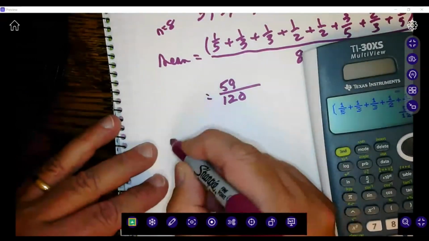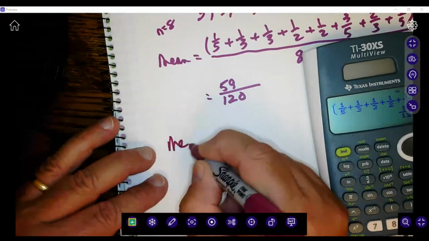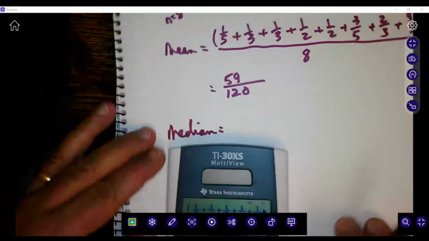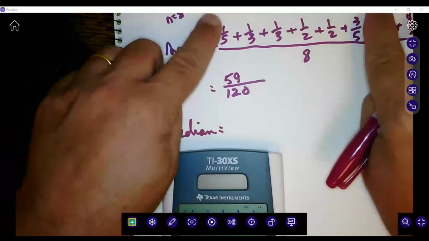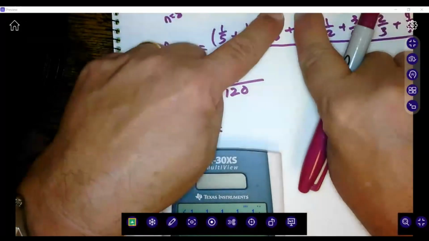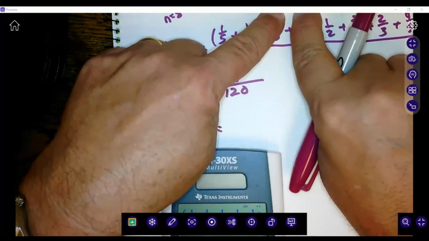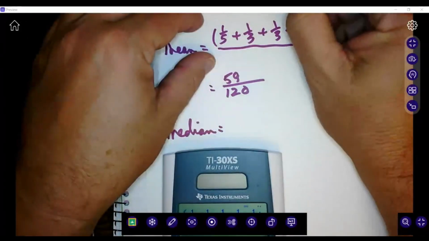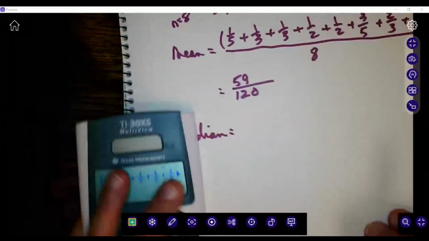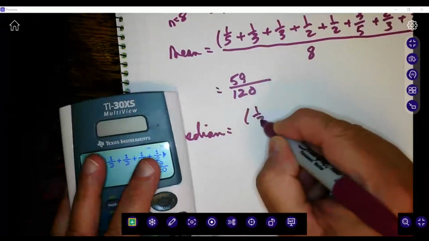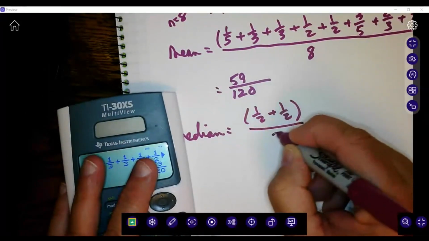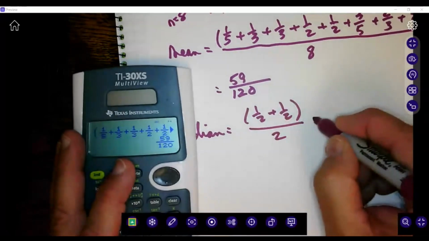All right, then next we have median. The median is the middle. So if I start looking at my numbers coming in, I get 1/2 and 1/2. The middle this time is 2 numbers. So when it's 2 numbers, you have to add them together and divide by the number of items.